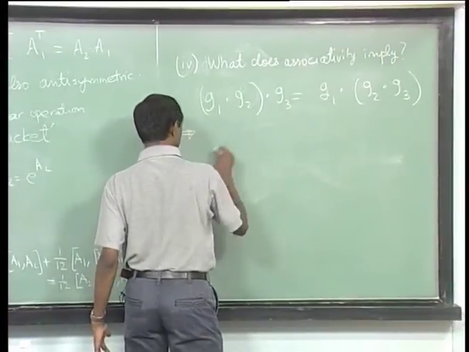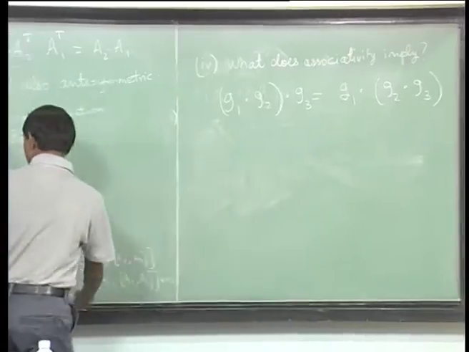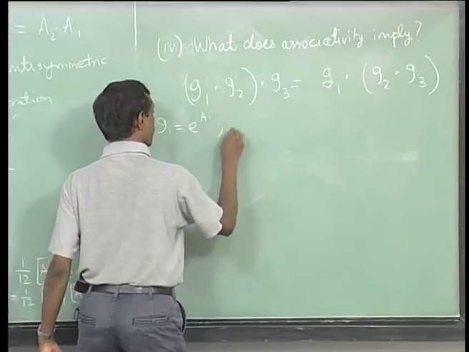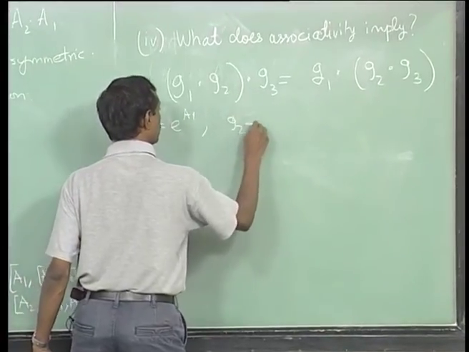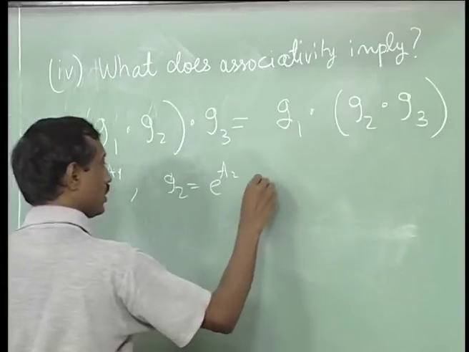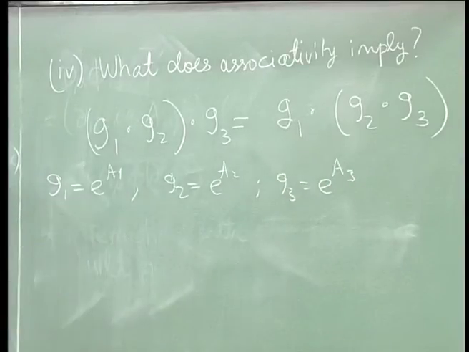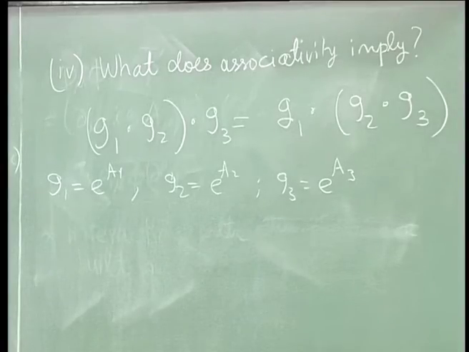So, let us write again, exactly like this. Let us say that G1 is e power a1, G2 is e power a2, and G3 is e power a3. G3 here is not like this composition rule, it is just 3 different elements.